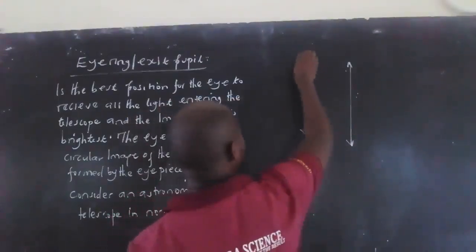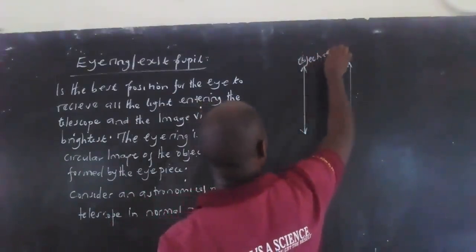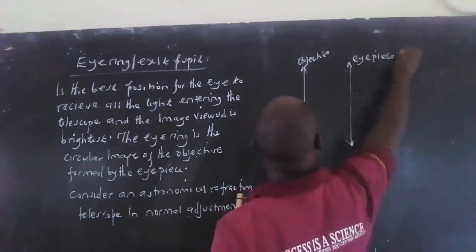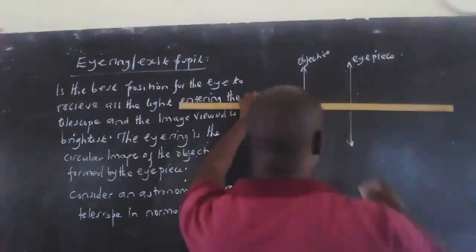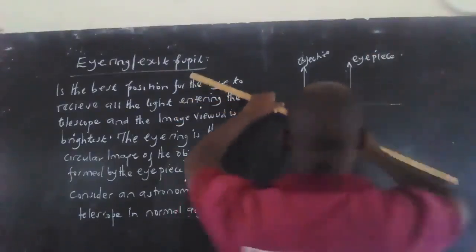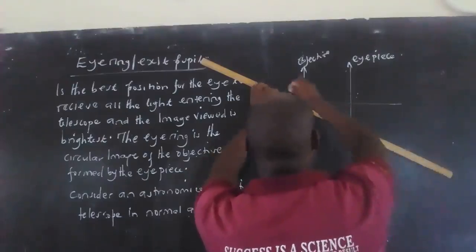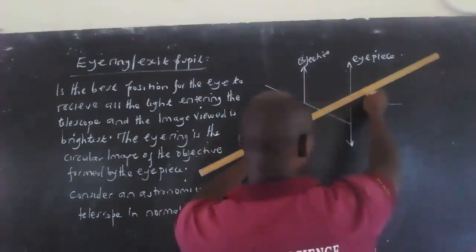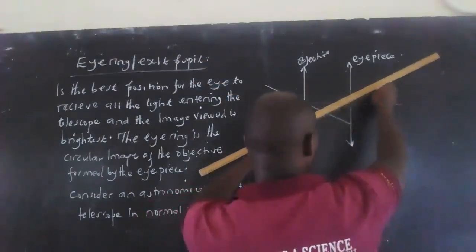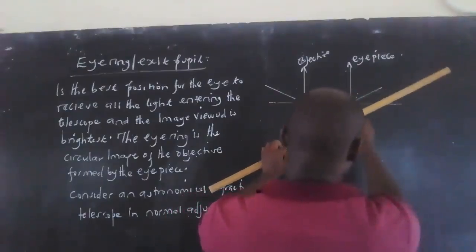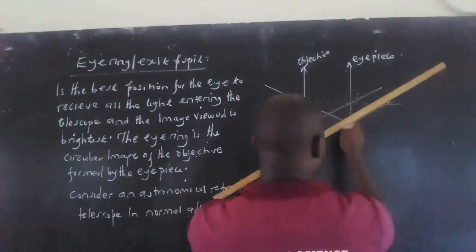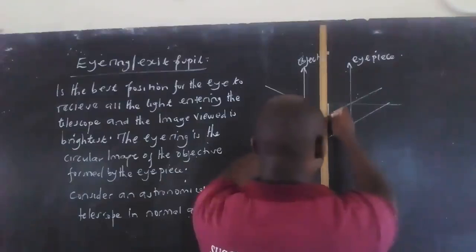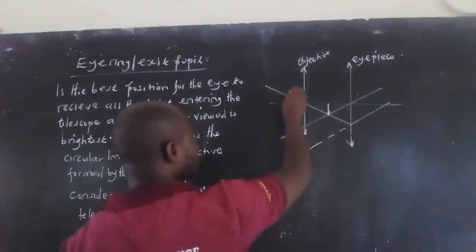So you have this is the objective. This is the eyepiece. Then I'm going to have this one here. The image formed first is this. Then we have this.